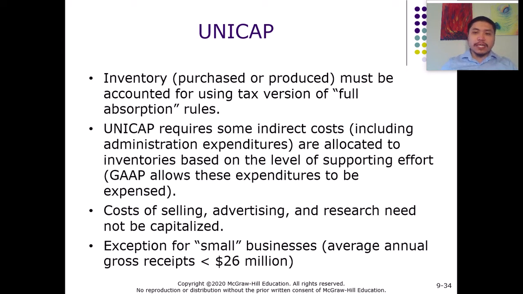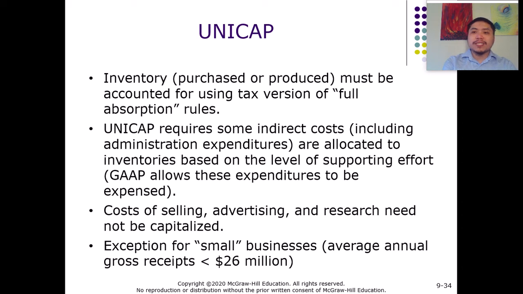So what's the difference between GAAP and UNICAP? GAAP is for financial reporting purposes. So for GAAP, usually we only consider all the direct costs and some items of the indirect costs to be considered as inventories.